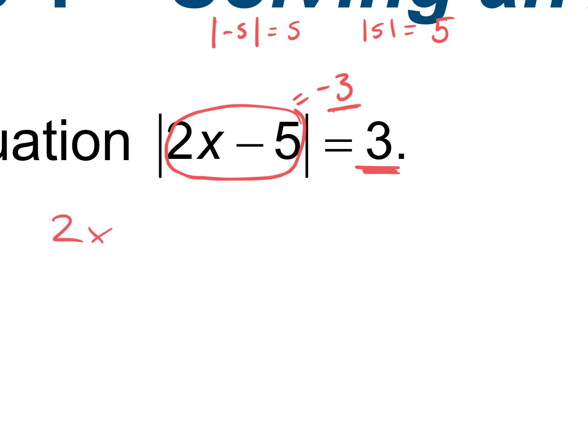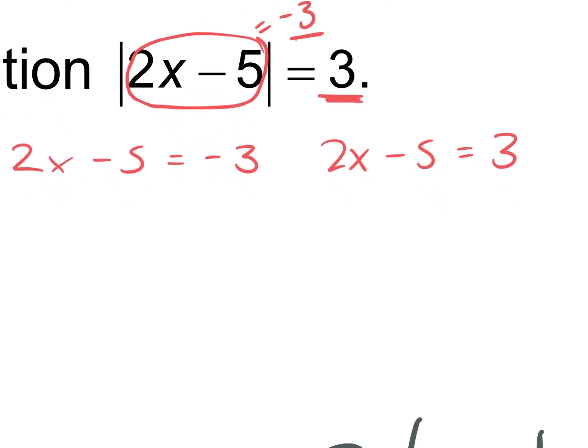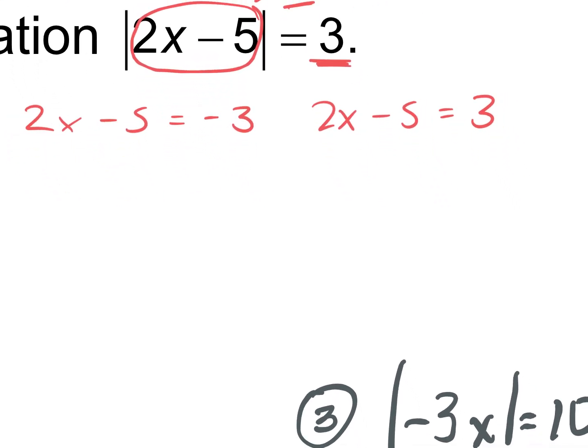So if I have 2x minus 5 is equal to -3, and 2x minus 5 is equal to positive 3, we just set up 2 separate equations and then solve them separately. So we're going to have 2 answers for x, most likely.